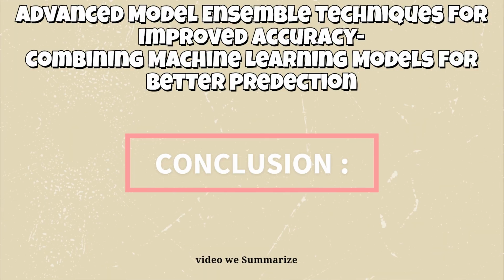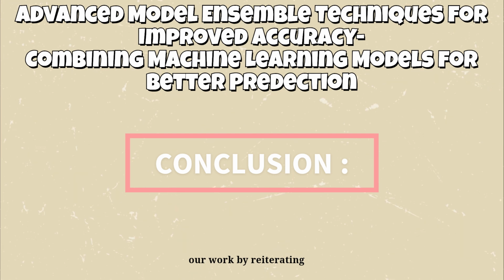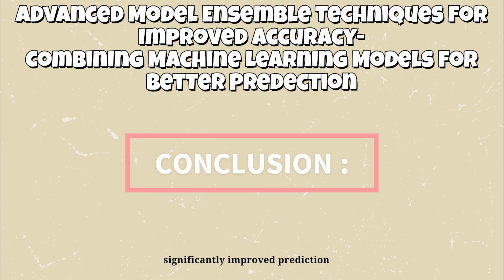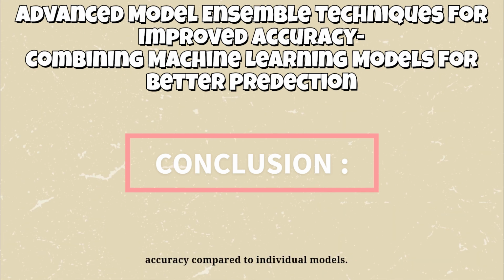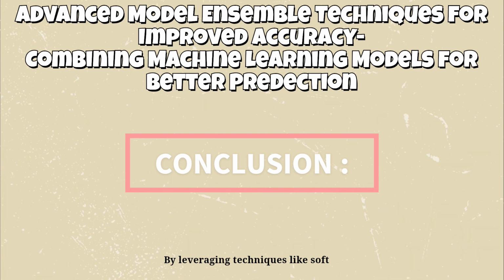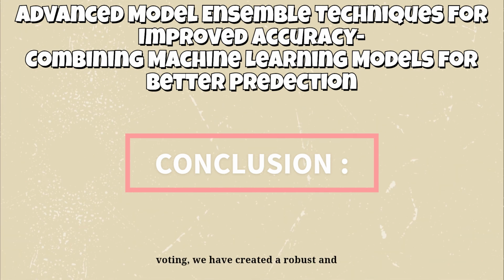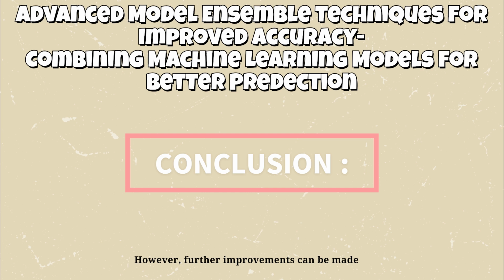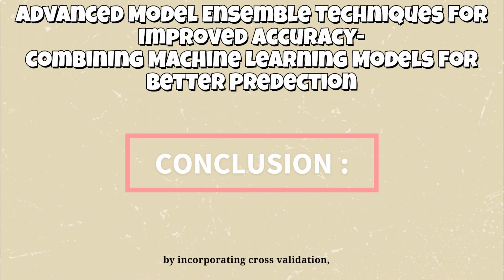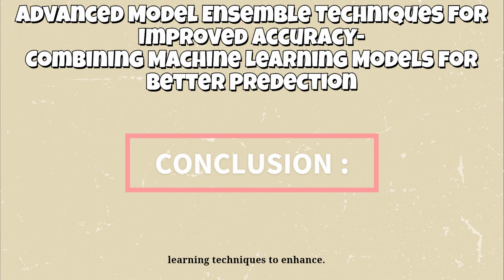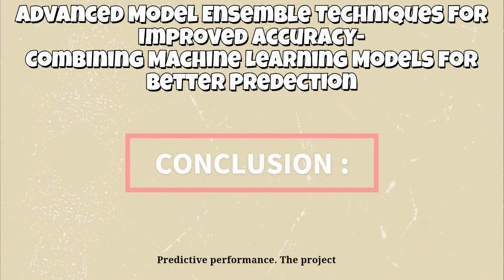We summarize our work by reiterating that ensemble learning significantly improves prediction accuracy compared to individual models. By leveraging techniques like soft voting, we have created a robust and reliable cancer prediction system. However, further improvements can be made by incorporating cross-validation, hyperparameter tuning, and even deep learning techniques to enhance predictive performance.